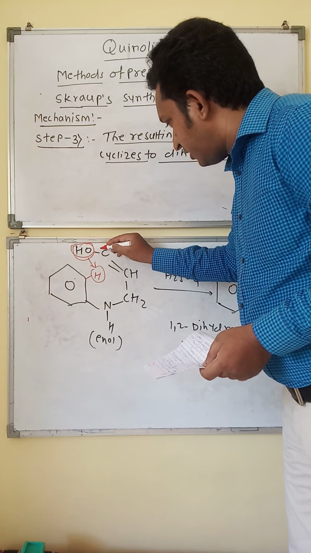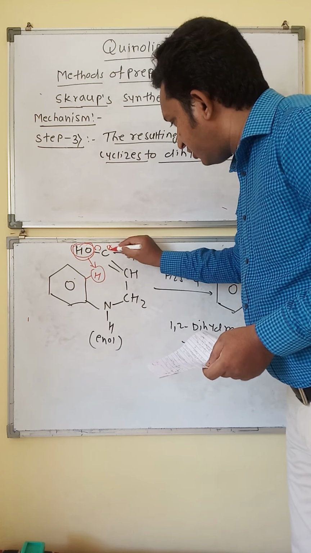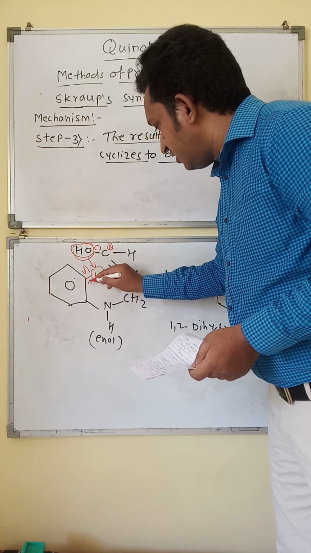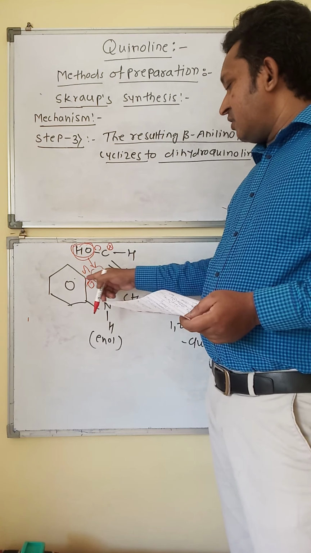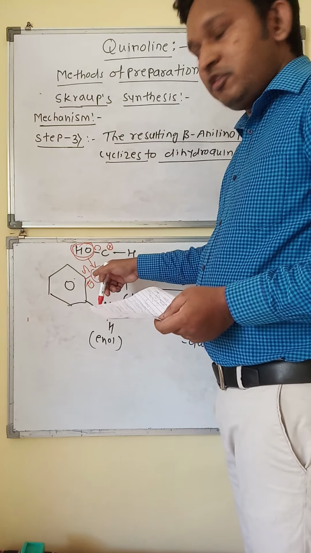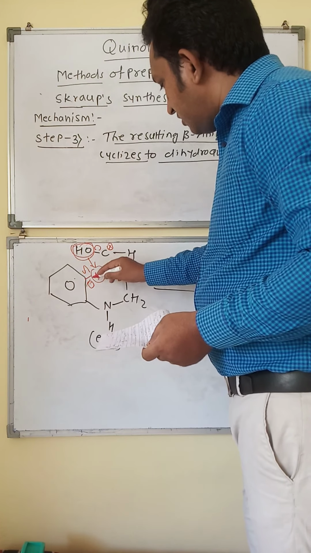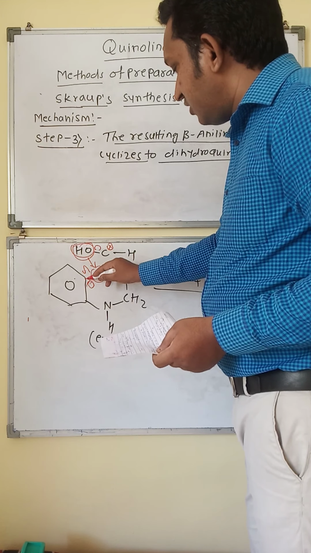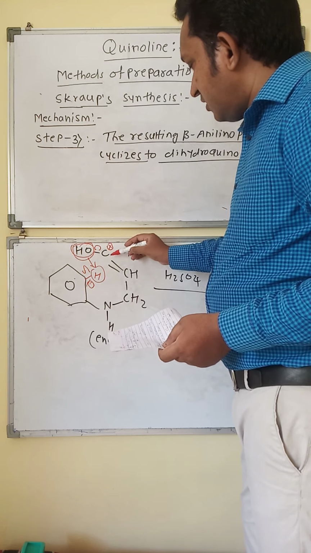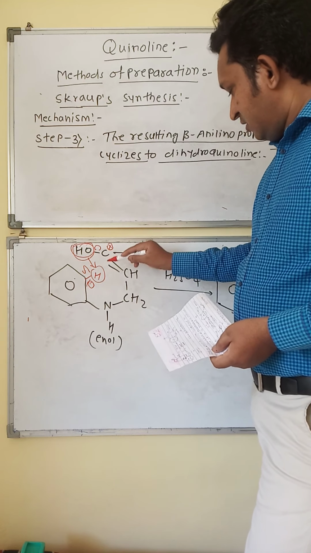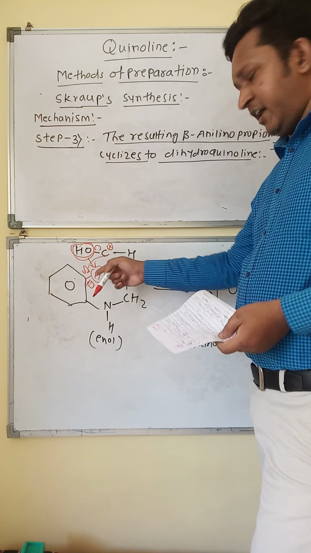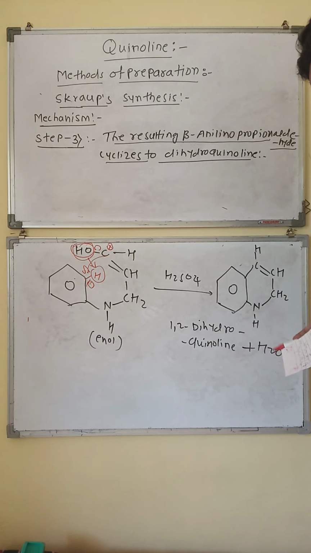This OH group takes the lone pair of electrons toward itself, this carbon becomes electron deficient, and this hydrogen gives the lone pair of electrons toward the benzene ring, so this carbon of the ring becomes electron rich. Now there is an attraction between the negative carbon of the aromatic ring and the positive carbonyl carbon of the enol form. Positive and negative ends attract each other, and cyclization takes place. So we get the cyclic compound called 1,2-dihydroquinoline.